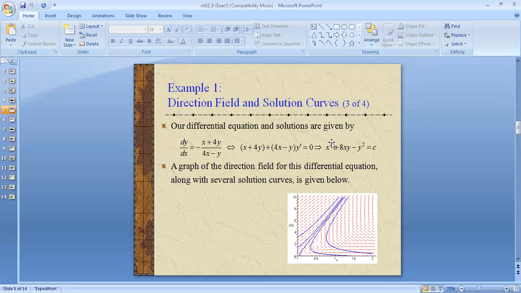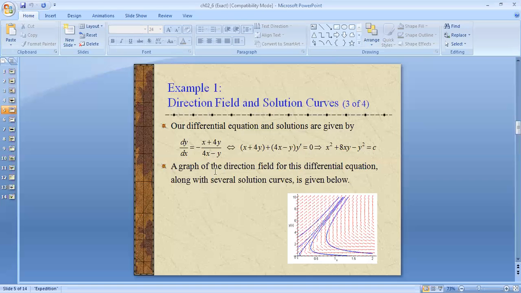You can use different kinds of software, MATLAB or any other software, or Python, or C++ or C. The solution x square plus 8xy minus y square equals c will give this graph. For different values of c we get different curves. Actually, at every point there is a directional field, that means dy dx, the rate of change of y with respect to x at every point. This way there are many arrows. Actually, this is the direction of the curve.